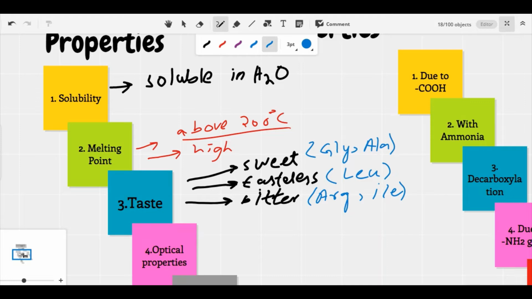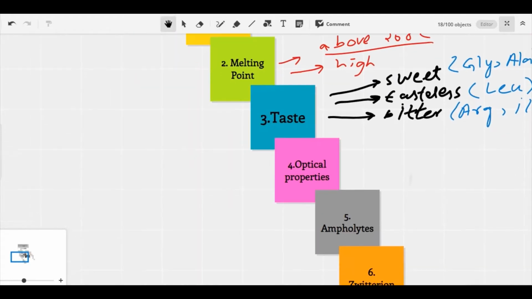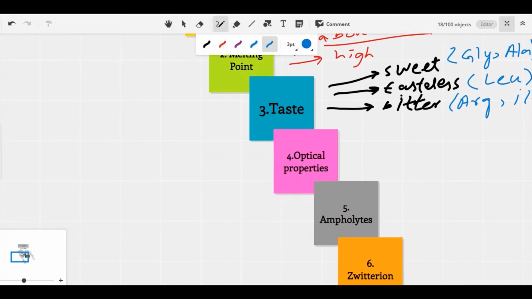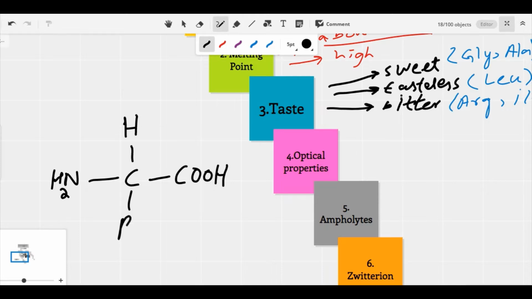And next one is optical properties. As you know, the amino acids contain a carbon that has four different groups. For example, here is hydrogen, here is NH2, here is the carboxylic acid group, and here is the R group.